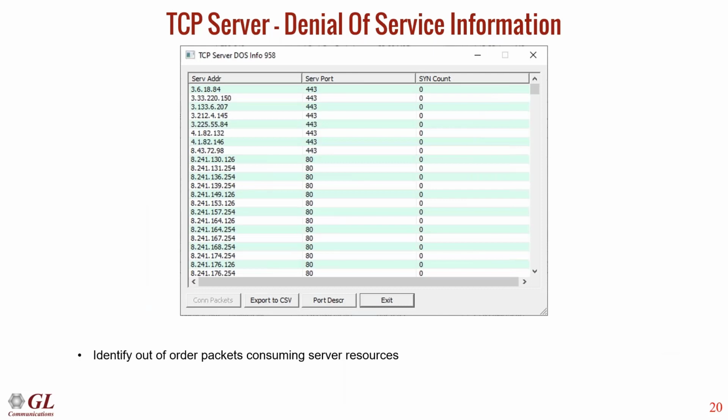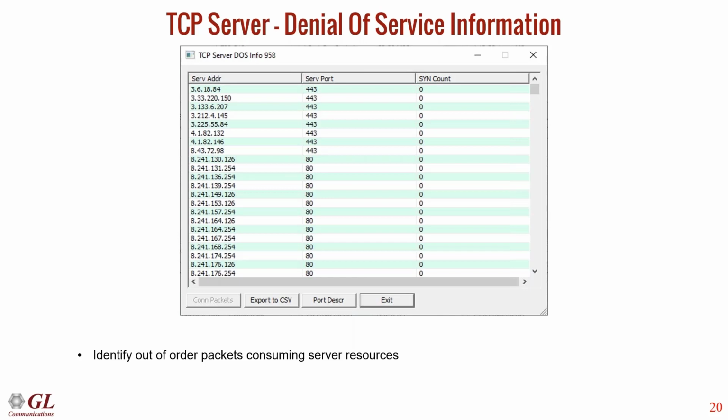This is a subset of orphan connections by servers, and here SYN count is 0. It means that most likely we don't have any denial of service attacks, because it counts the number of SYNs in orphan connections, but not two SYNs, because usually connections start with the client sending SYN and the server sending back SYN and ACK.